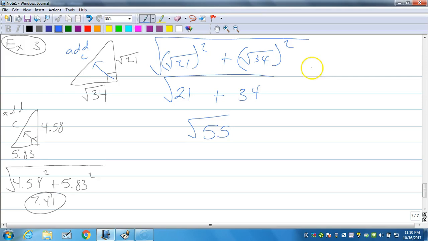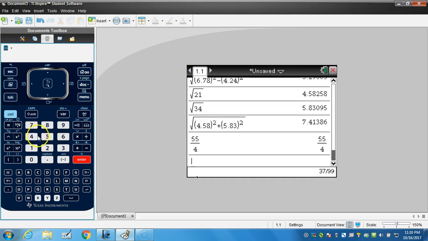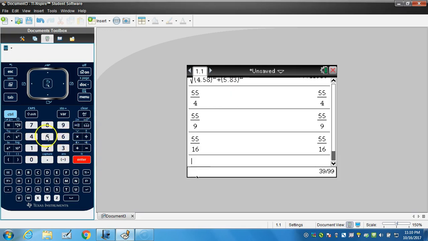And then we start trying to figure out, can you reduce this? 55. Can you divide it by 4? Of course I know the answer, just showing you this. No. Can you divide it by 9? No. Can you divide it by 16? No. You keep on going.